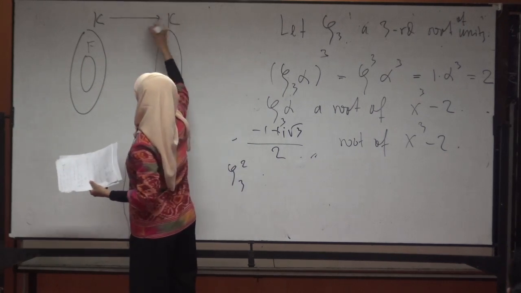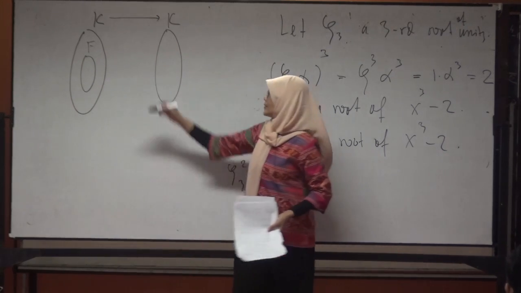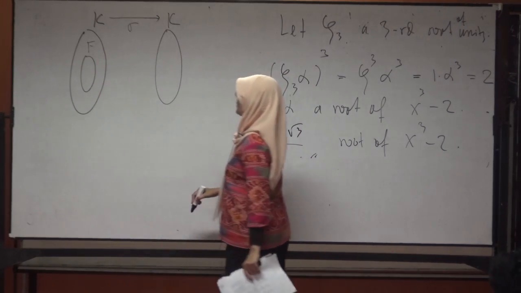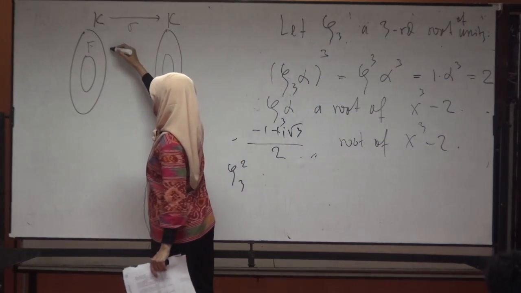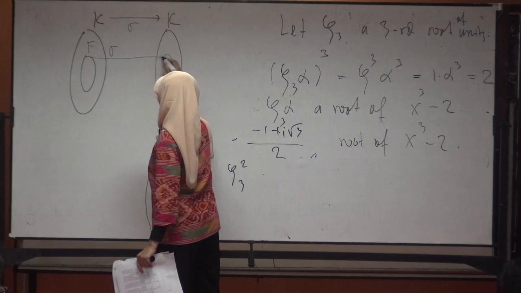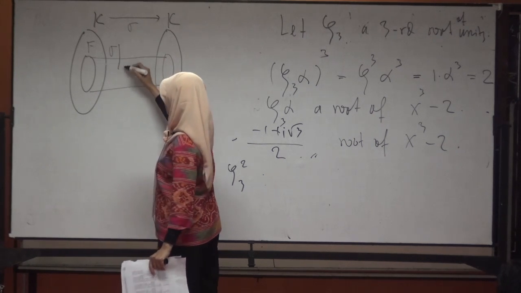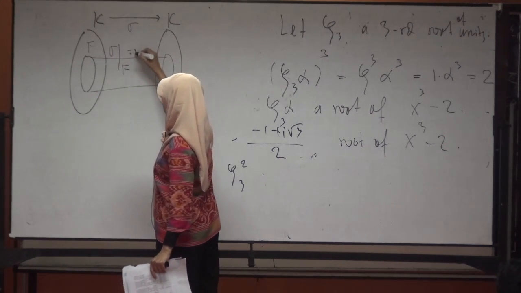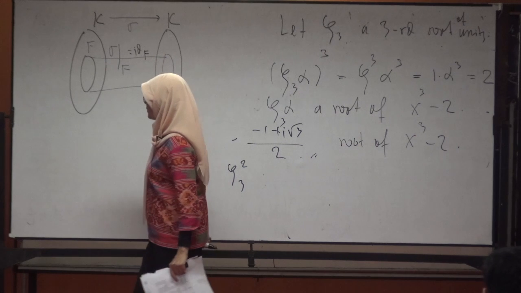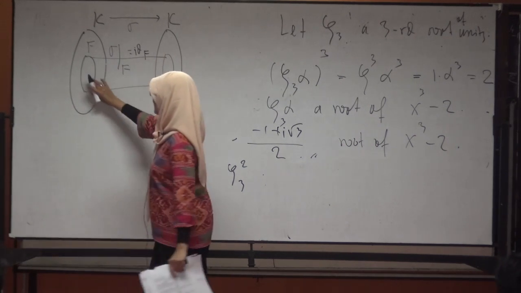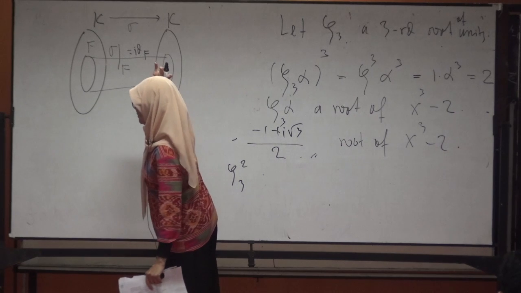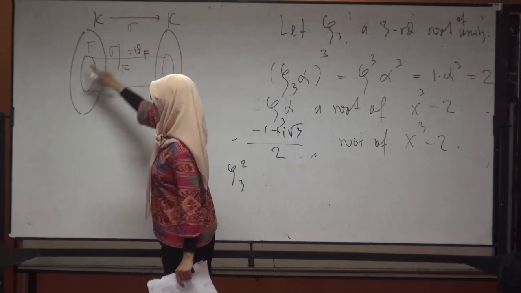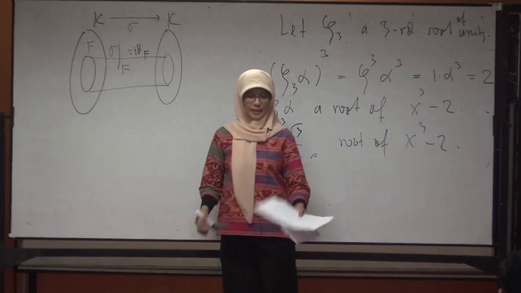So this is the automorphism on K, we call it sigma, for example. And this sigma, if we restrict it to F, will be equal to the identity of F. Then we call this F fixed. We say this sigma fixes the elements of F.